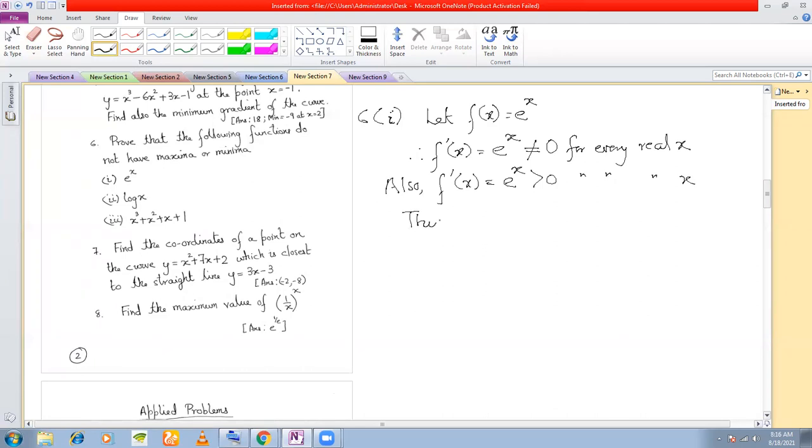Thus, e to the power of x is increasing for all x belongs to R. Hence, it has no maxima or minimum.